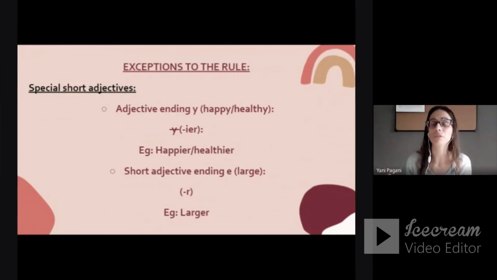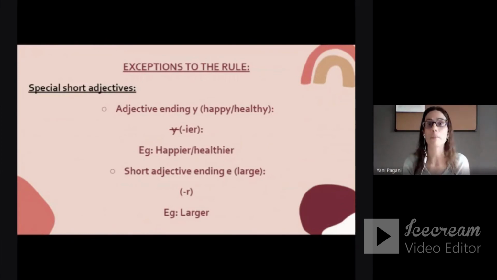So, for example, those adjectives that are short and finish with the letter Y, you are going to erase that Y and you are going to write IER. As you can see there in the example with happier and healthier.